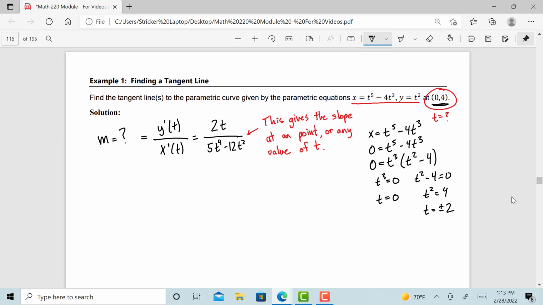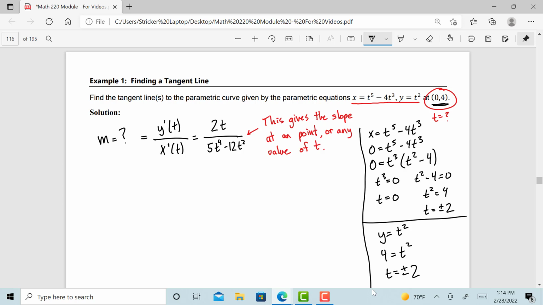So we also need to look then at y, because we know that y is equal to t squared. If we're trying to find the t that satisfies the point 0, 4, then y should be 4. So 4 should be t squared, which means also that t equals plus or minus 2.